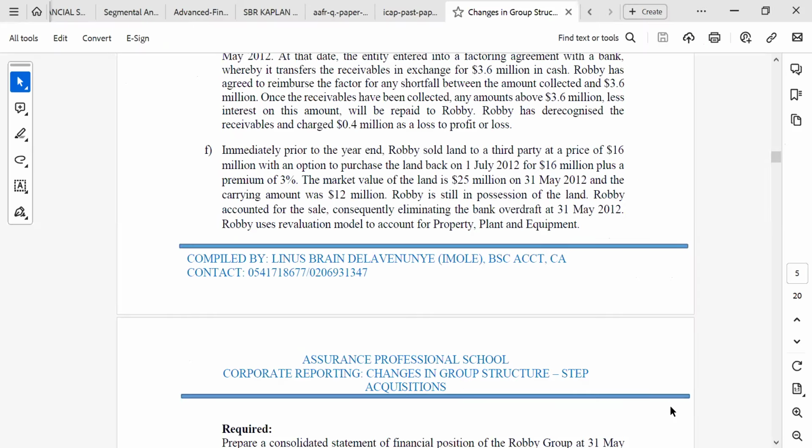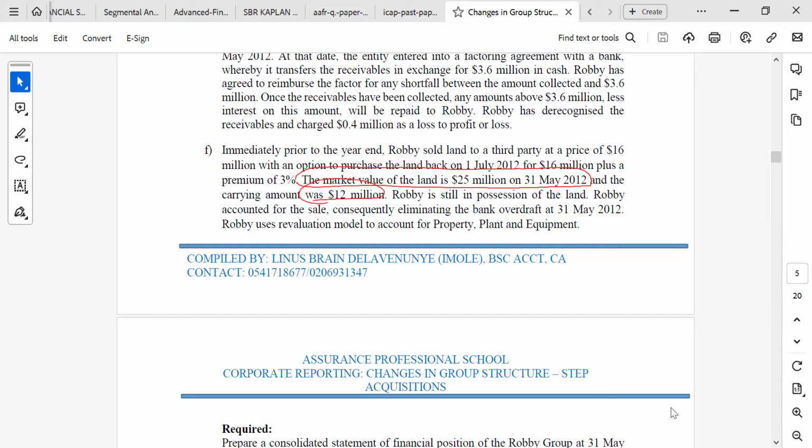Let's come here. Ruby uses the revaluation model to account for property, plant, and equipment. Okay, so in our books, the property is now 12 million. But what is the market value of the property now? That's 25 million. We are using the revaluation model, so at the end of the year, we revalue the property.